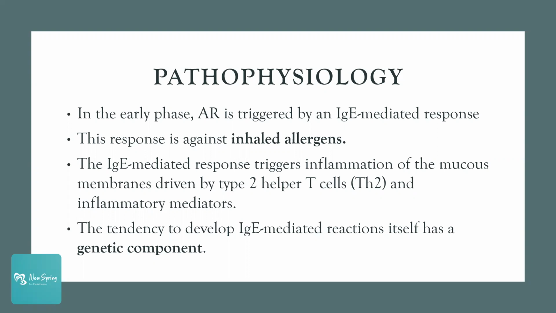Whenever there's an inhaled allergen the child is exposed to, this starts the cascade of the inflammatory reaction, which starts with the IgE-mediated response. The early phase is triggered by the IgE-mediated response, which triggers inflammation of the mucous membranes, and it's driven by type 2 helper T cells and inflammatory mediators, as we're going to mention now.